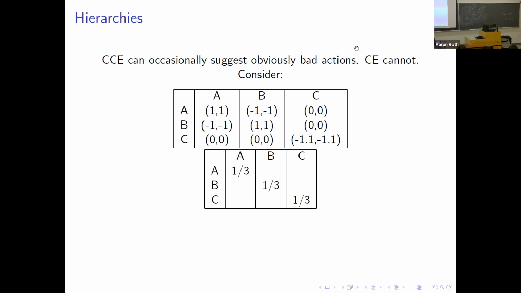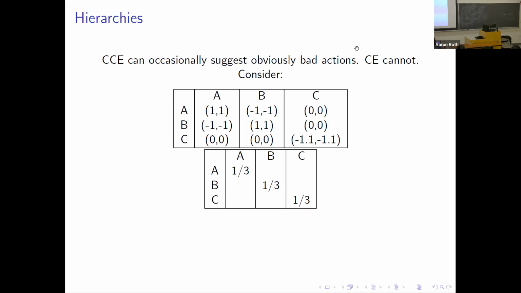Okay, so just to give an example, suppose I've got a game that looks like this. It's a simple coordination game in the upper quadrant here. We'd either like to both play A or both play B, but if we miscoordinate, that's no good.